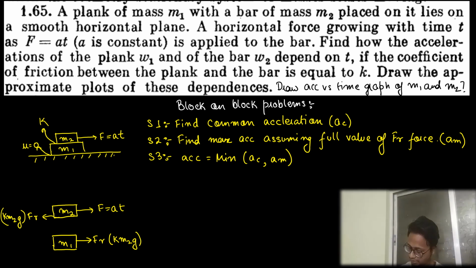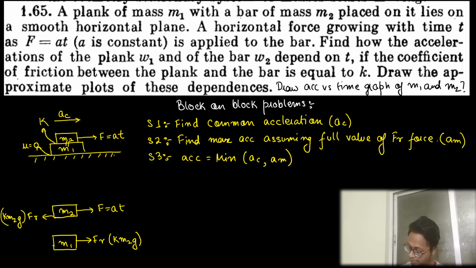Now the problem is what is maximum acceleration and what is common acceleration. Common acceleration is when the bodies are assumed to be fixed. That means this body is fixed to this one. I have assumed that these two bodies are locked, and the common acceleration is nothing but the acceleration assuming both the bodies are locked.